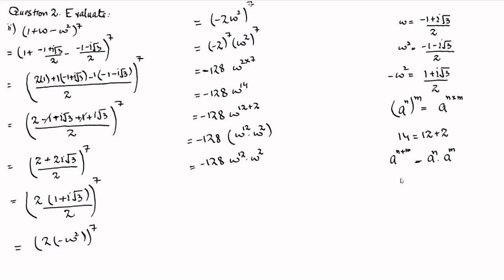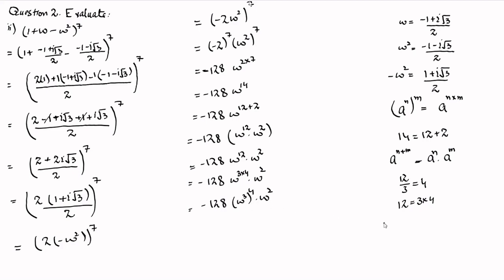Now 12 divided by 3 is 4, so we can write 12 is equal to 3 into 4. Minus 128 omega 3 into 4 multiplied with omega square. According to this property, we can write omega raised to the power 3 into 4 as omega cube raised to the power 4.